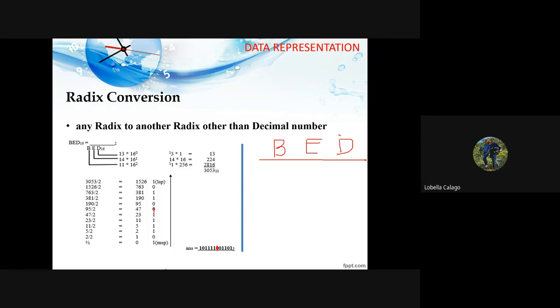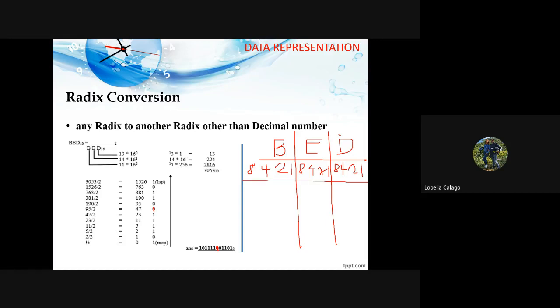Okay. Since we're dealing with 16, divide it by isa-isa. Then, hindi si 4 to 1. 16 tayo. So, 8, 4, 2, 1. 8, 4, 2, 1. 8, 4, 2, 1.